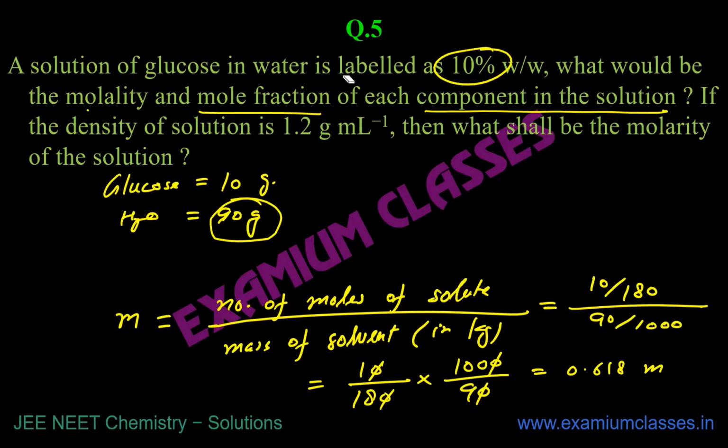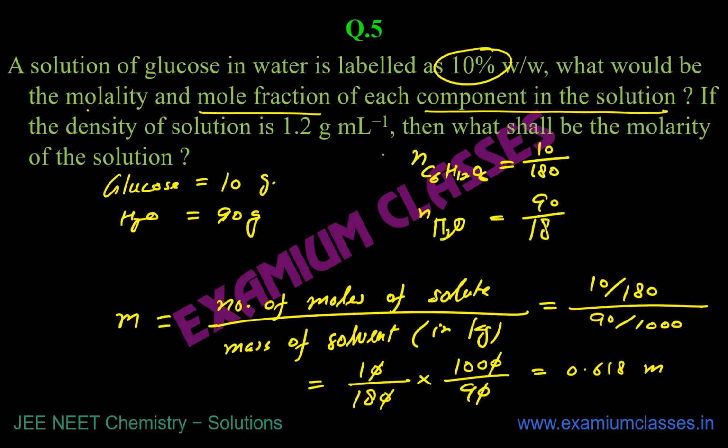Yes, Shashwat, good. So mole fraction we can get very easily because number of moles of glucose will be its mass divided by molar mass, and number of moles of water will be its mass divided by its molar mass.